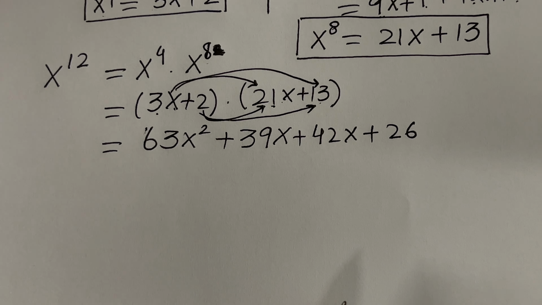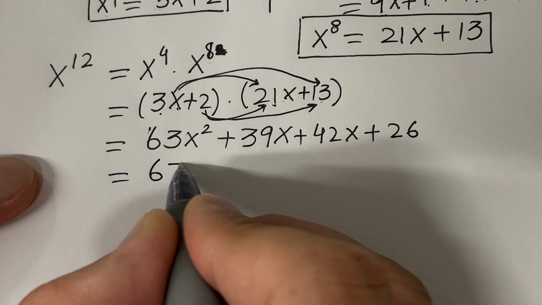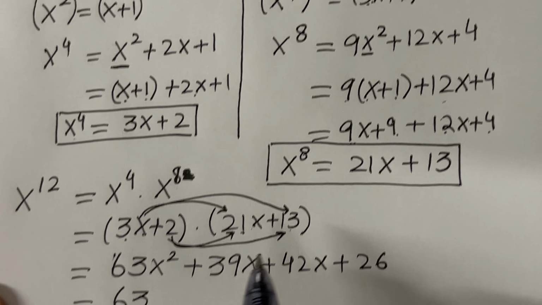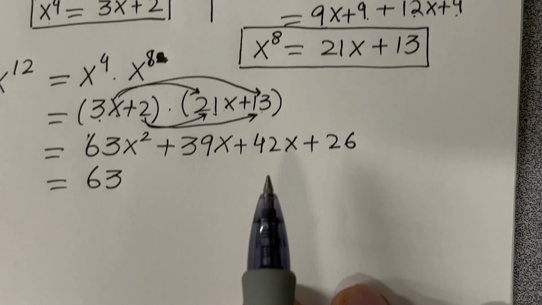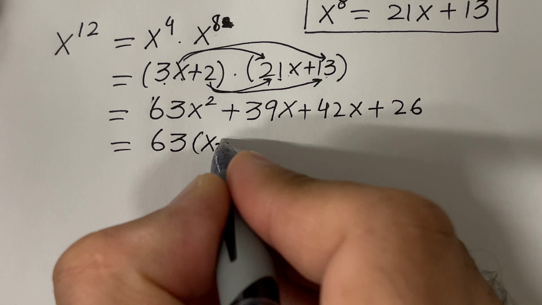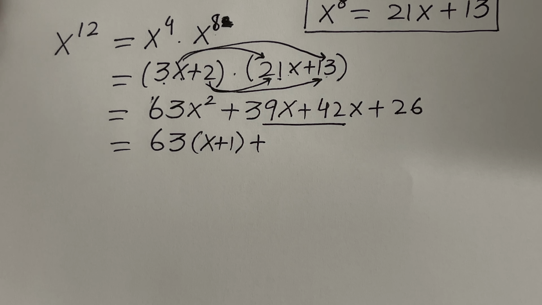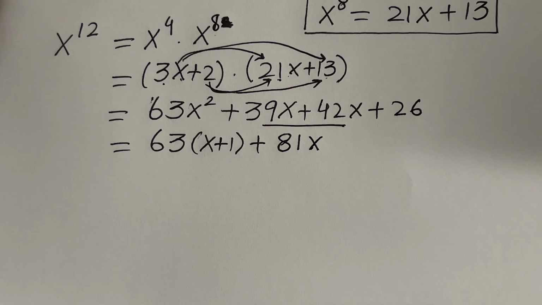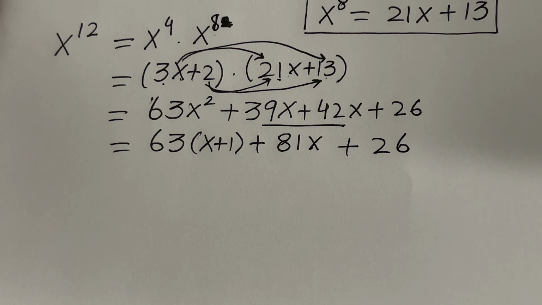Now we can write 63 x square, but we know that x square was equal to x plus 1, so we can write this x square as x plus 1, plus 39 plus 42 is equal to 81x, and we have 26 here.